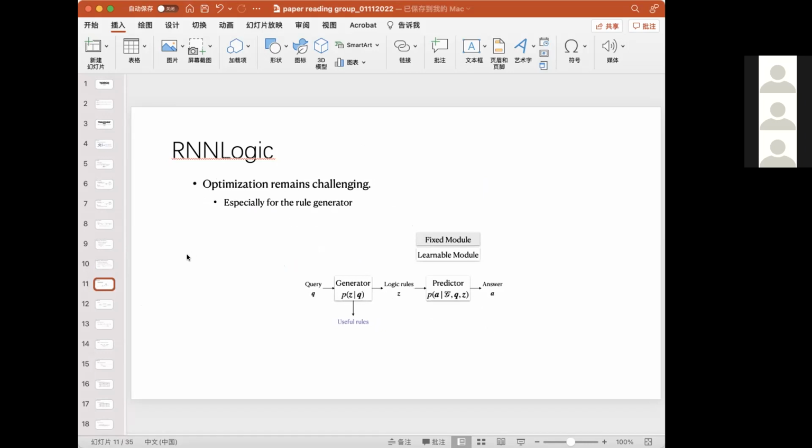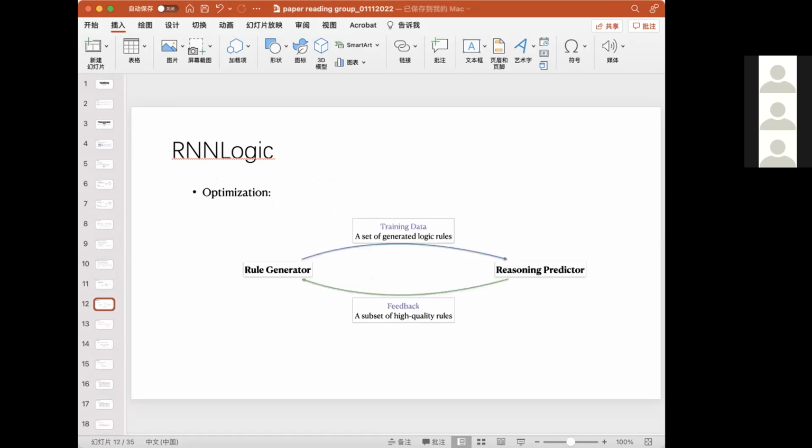The idea is that at each training iteration, we have these two components, the rule generator and the reasoning predictor. We first update the reasoning predictor according to the rules generated by the generator.